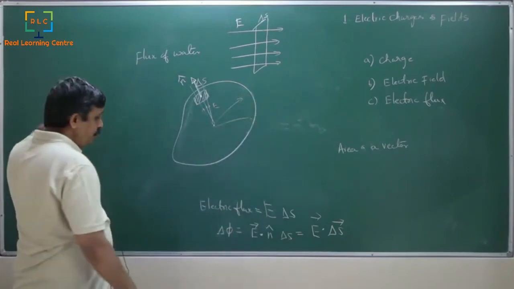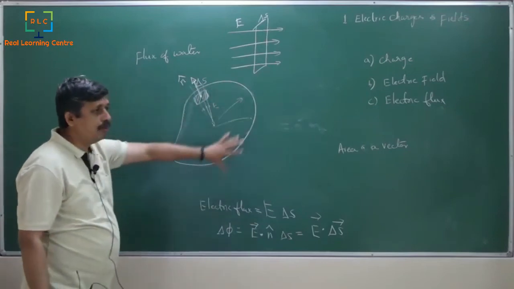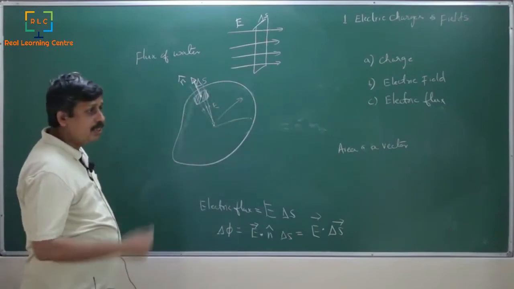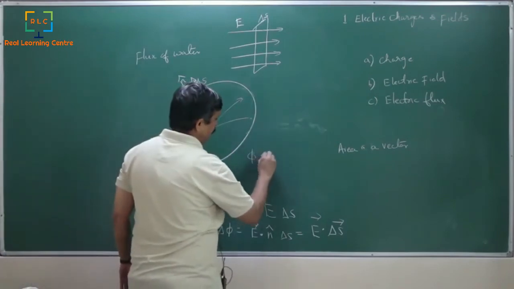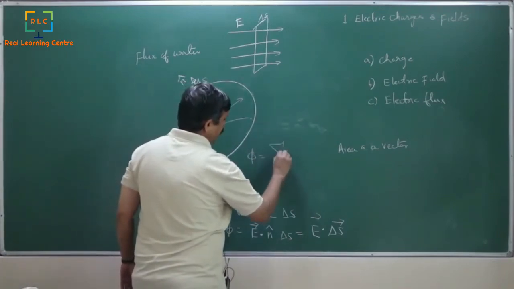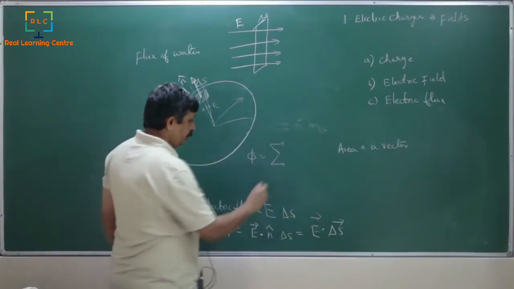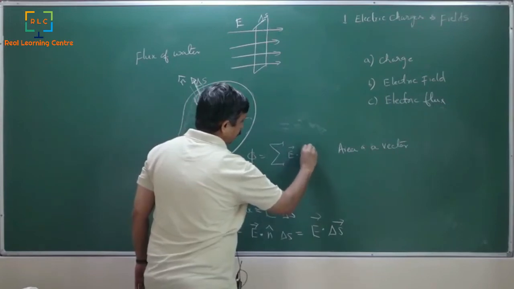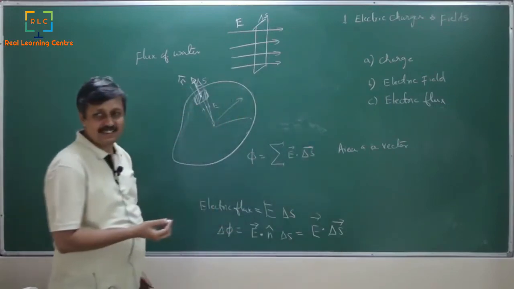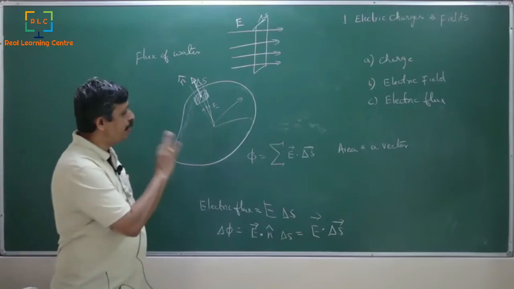So what do we do? We cut this into small areas, so many different areas, and we will say phi is simply equal to sigma of E dot delta S. So many such delta S's you take and take a sigma of all of them.